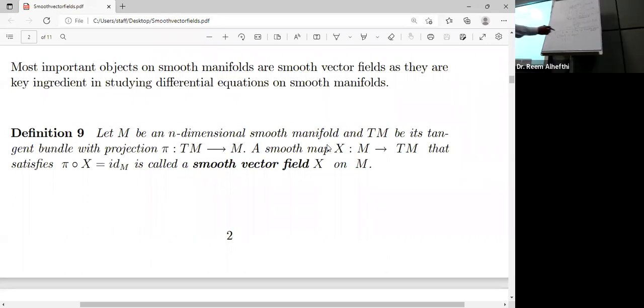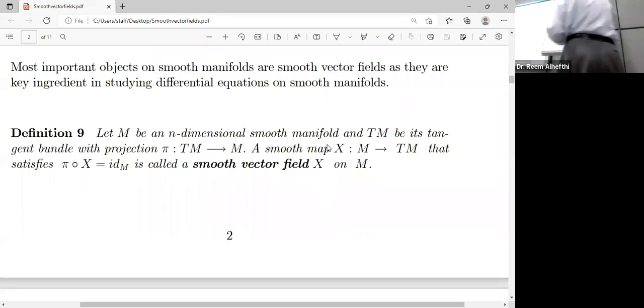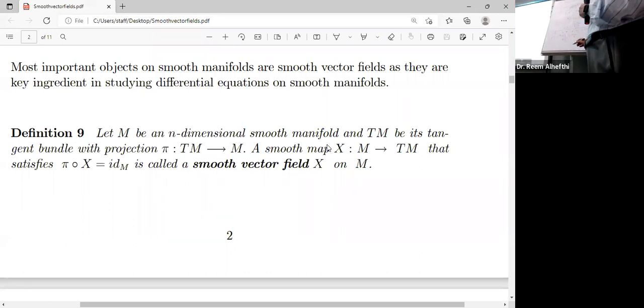So we have a smooth vector field satisfying this definition. I took a smooth function on the manifold, and I'm defining something called X of f. I'm defining it from the manifold to R. The definition is like this: Xf at a point p is equal to X_p, a tangent vector, operating on f.